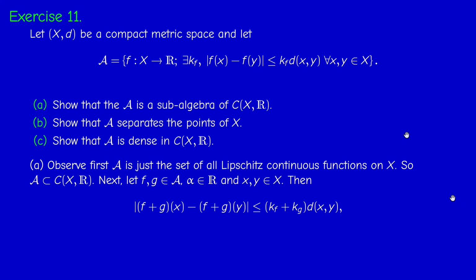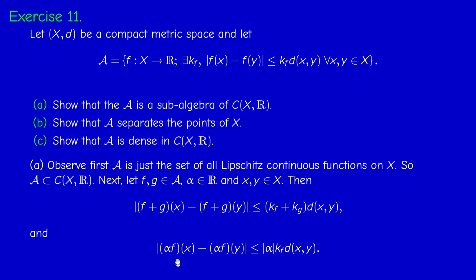We just write the condition for f and the same condition for g, and use the triangle inequality. By the triangle inequality, we get kf d(x,y) plus kg d(x,y), so we can factor out d(x,y). So the sum of two Lipschitz continuous maps is Lipschitz continuous again, which is what we expect. And for the multiple of f, just multiply by absolute value of alpha, because alpha could be negative.